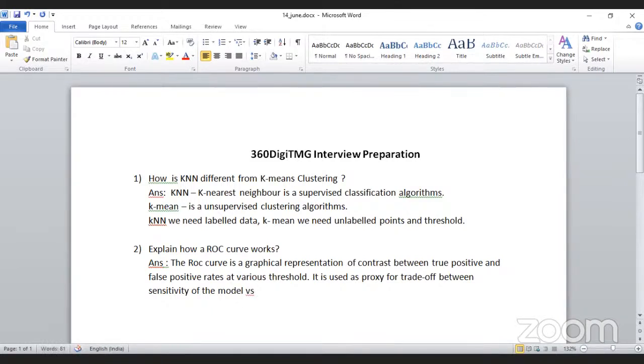So the ROC curve is a graphical representation of contrast between true positive and false positive rates. It is also called a proxy for the trade-off between the sensitivity of the model and its fallout.